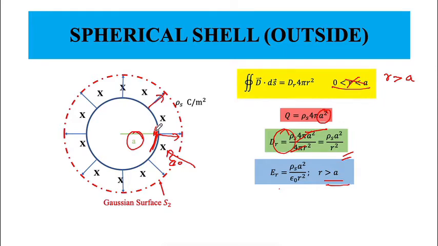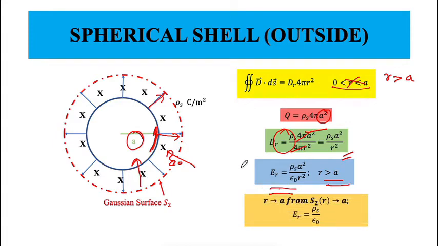If you start coming towards the spherical cell of charge, what would be the value of electric field predicted? The value of electric field predicted will be obtained by writing r equals a. When you substitute r equals a, this will become rho_s by epsilon naught, right?